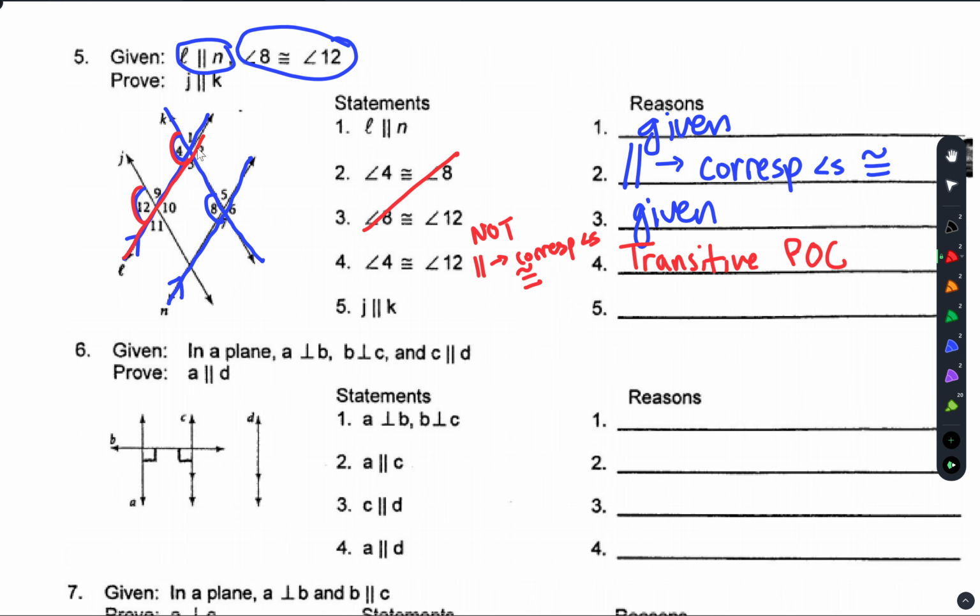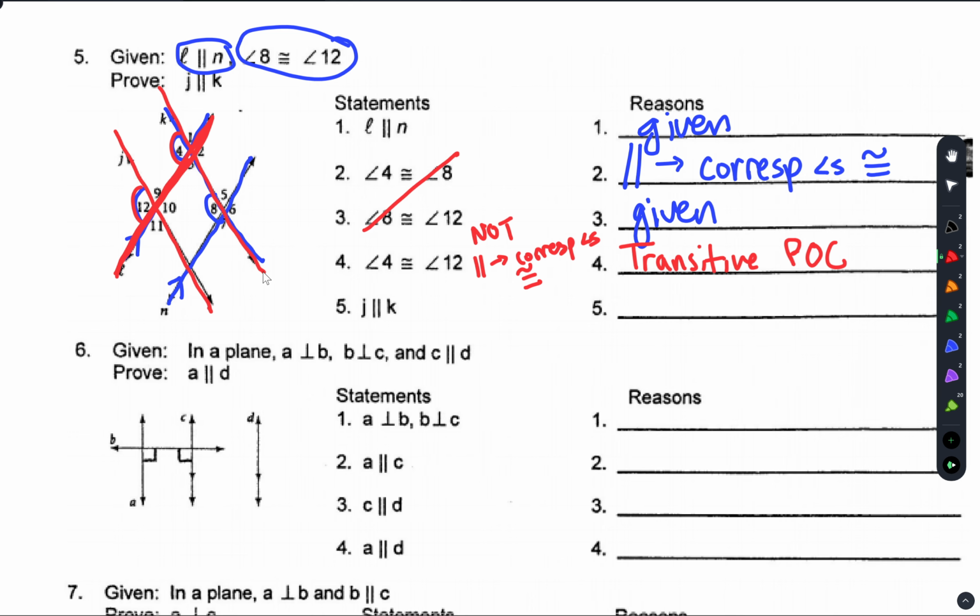Yes, L is the transversal here, which means the two lines that I'm going to say are parallel are J and K. When I get to step 4, have I said yet that J and K are parallel? So are we allowed to say that parallel lines imply corresponding angles if we don't have those lines are parallel? No. So that is the most common mistake that I see. If we don't know that those two lines are parallel yet, we cannot use that direction of my conditional statement.